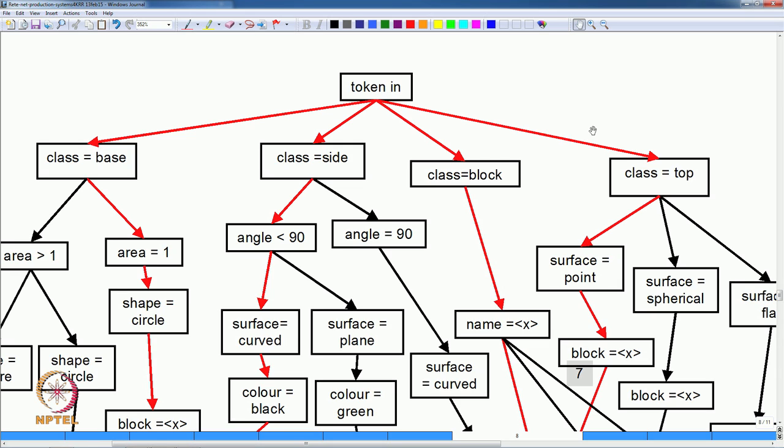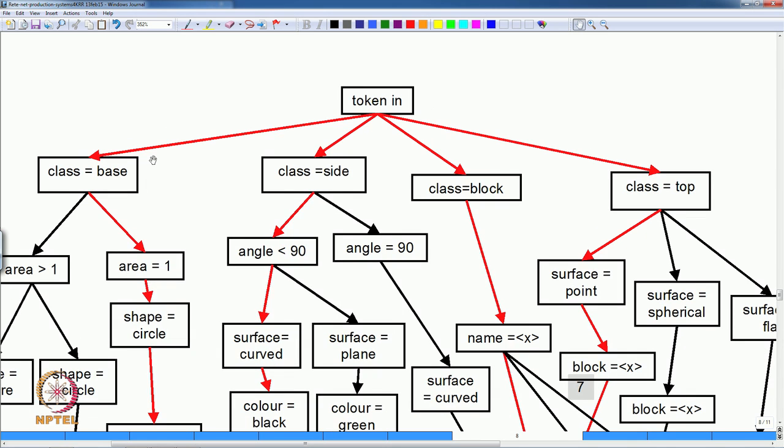So, it needs 4 patterns, and these all 4 are of different type essentially. Here the class is a base, here the class is a side, here the class is a block, and here the class is a top. So, straight away we can see that tokens of different classes will go down different paths of the tree essentially.